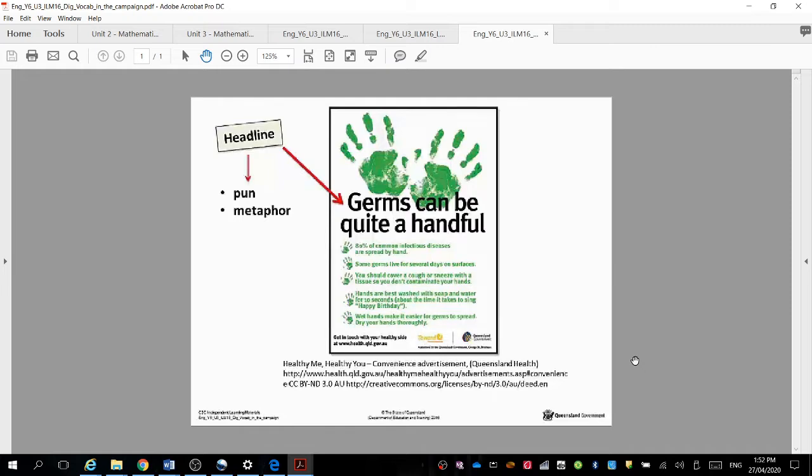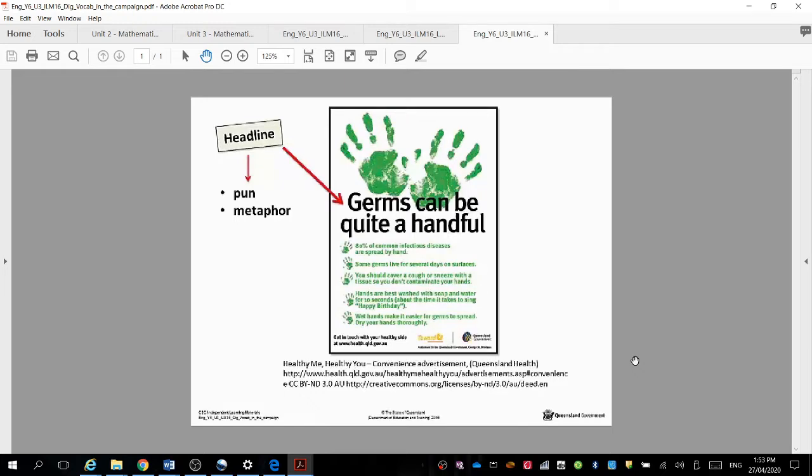It is also a metaphor because they are saying that you can have a handful of germs. Can you really have a handful of germs? Germs are microscopic. You can't see them, so it's not possible to scoop them up in a handful. Now let's look at the modality in this advertisement. Remember that modality gives us the degree of certainty of something.